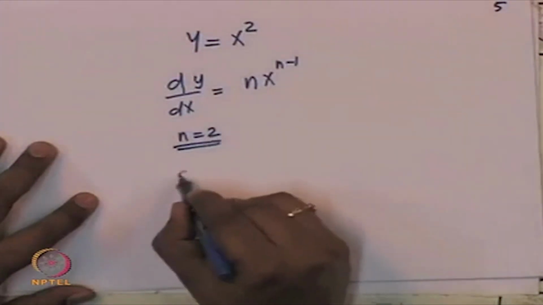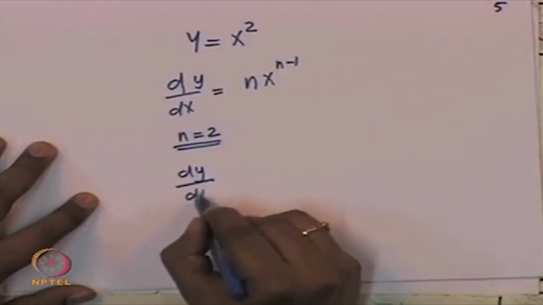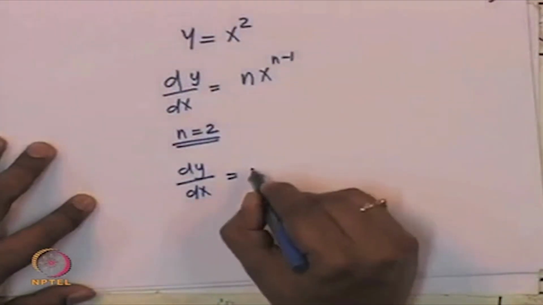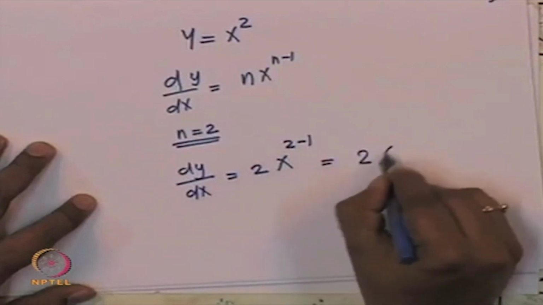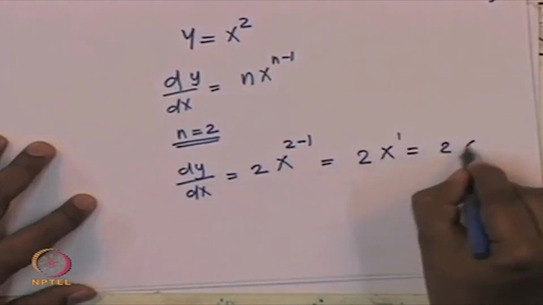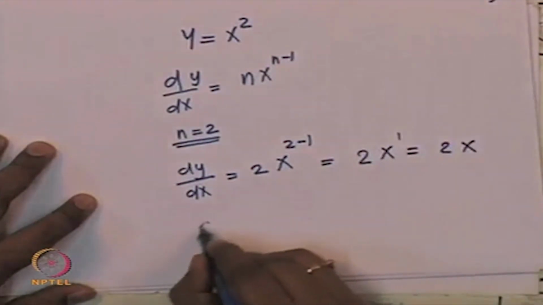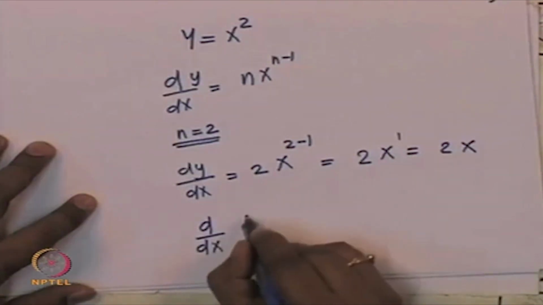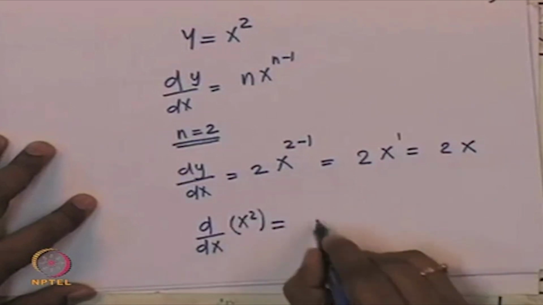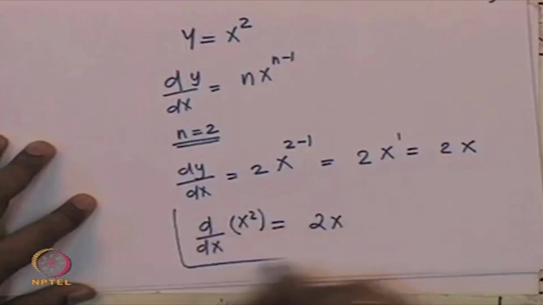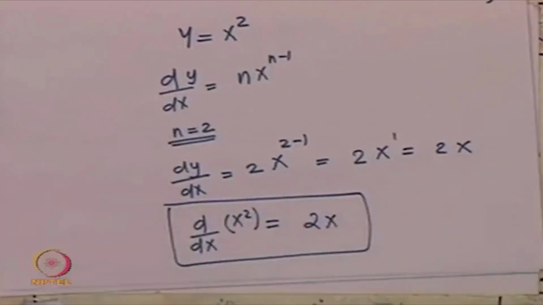That means dy by dx is n, which is 2, times x power 2 minus 1, which is 2 into x power 1, which is 2x. So the derivative of x square is nothing but 2 times x. This is the application of this rule when n equal to 2.